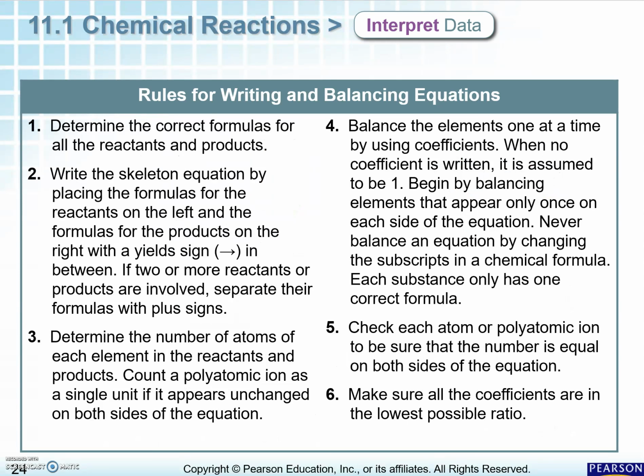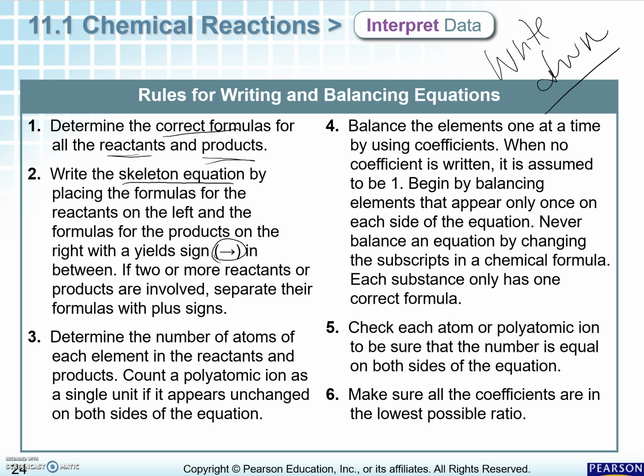So here are great rules that you want to write down in your notes for balancing equations. The first is to determine the correct formulas, and I'll try and help you out as much as I can for that, for all your reactants and our products. Then you write your skeleton equation, remembering to put that yield sign in between and to put plus signs to separate different formulas.